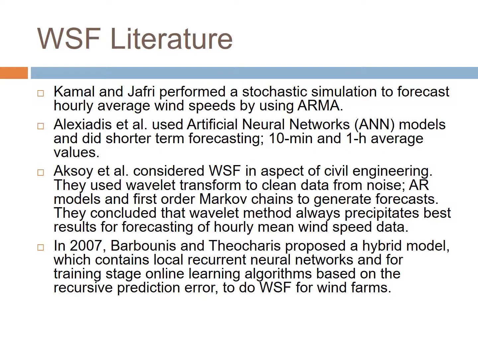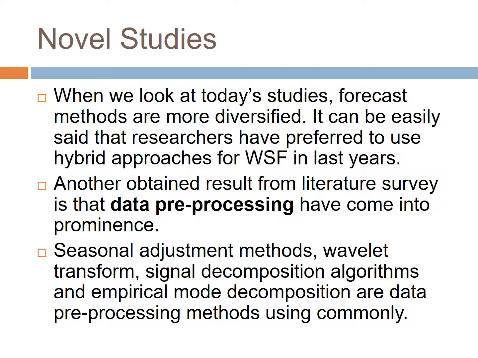Some hybrid models that combine fuzzy and neural network approaches are also studied. When we look at today's studies, forecasting methods are very diversified. It can be easily said that researchers have preferred to use hybrid approaches for wind speed forecasting to improve the prediction performance of the methods.